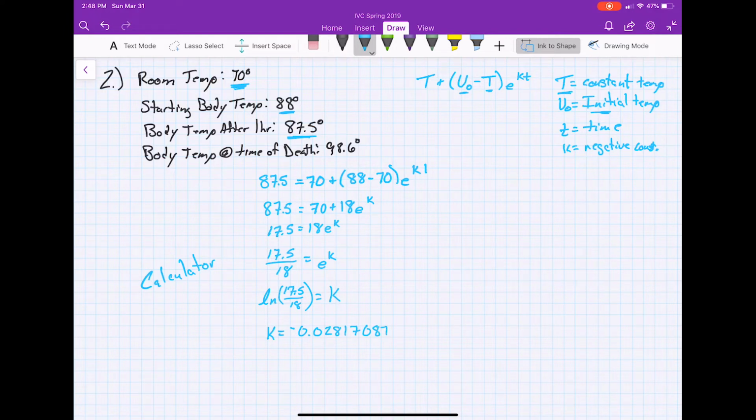So that's our k value. Remember, it's decaying, so that's why we put the negative in front of it. It's getting cooler, going down.